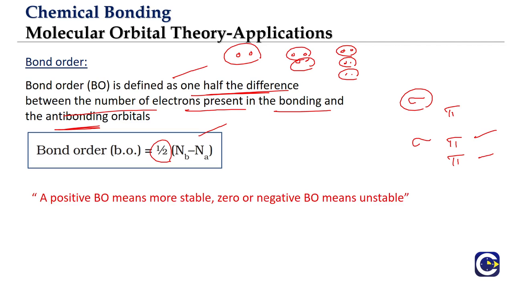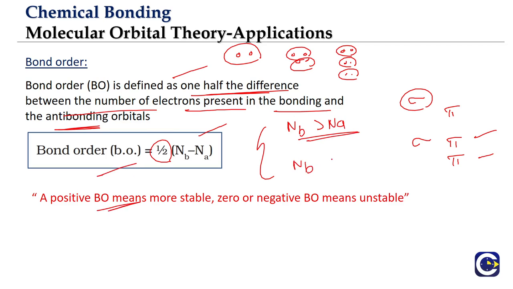Now if you look at the situation we discussed before, that pertains to stability. We said that if the number of electrons in bonding is more than anti-bonding, the bond order will be positive.